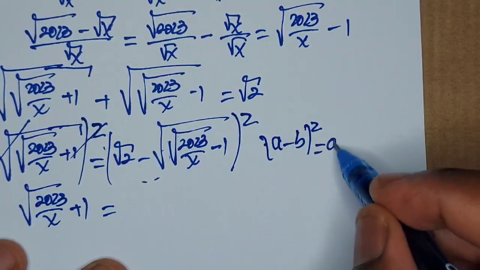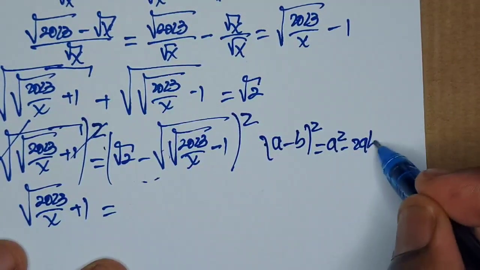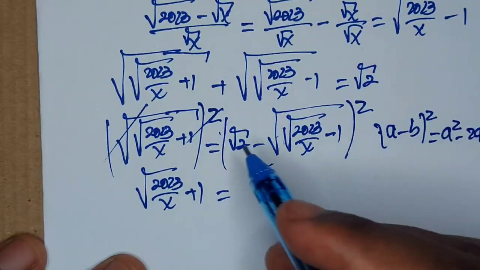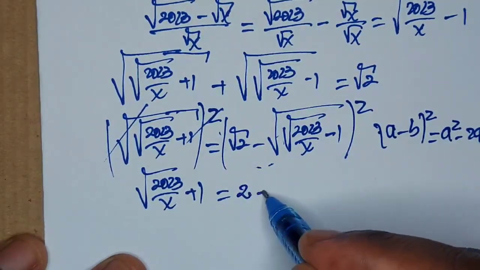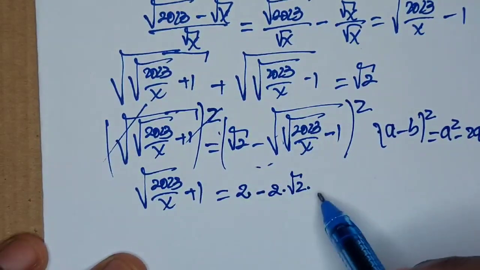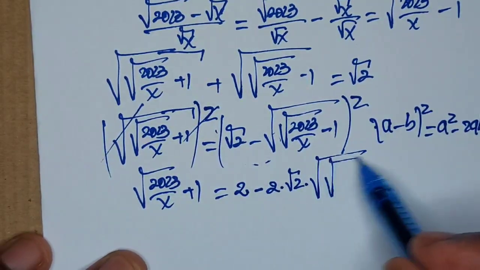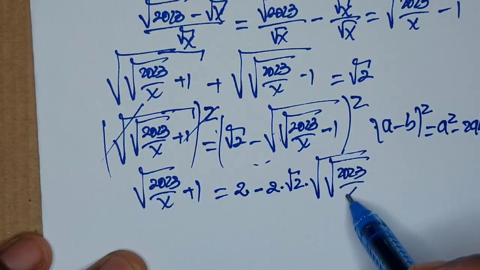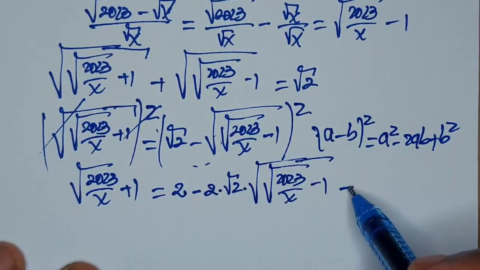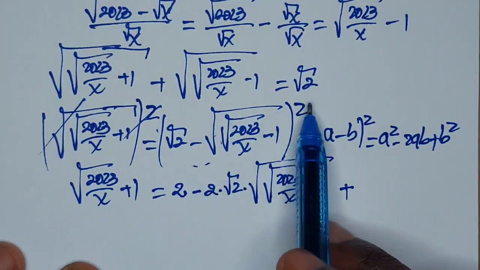So this is a squared minus 2ab plus b squared. So square root of 2 squared gives 2 minus 2 times square root of 2 times square root of 2023 over x minus 1 plus this term squared.